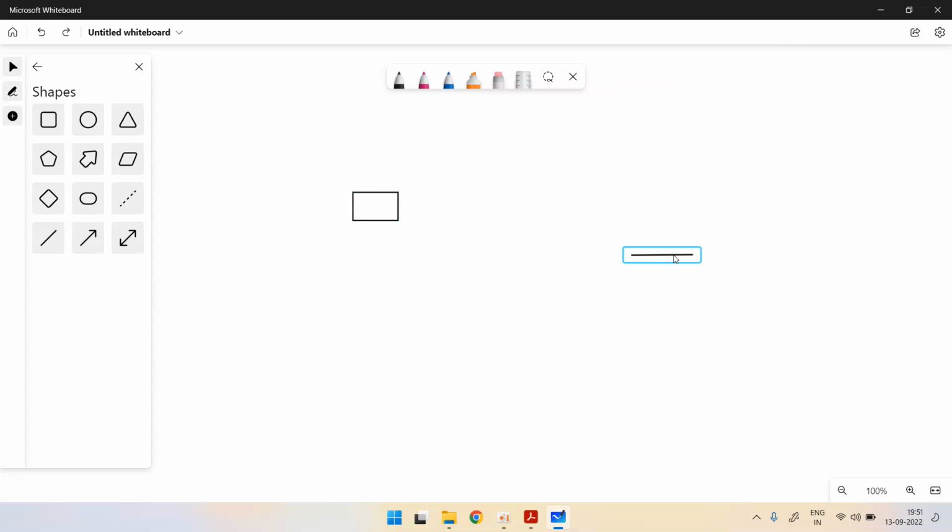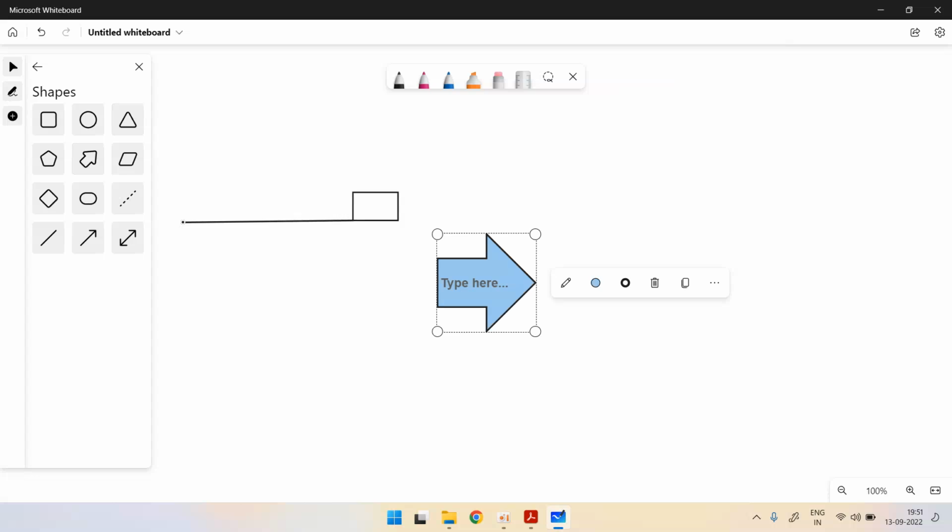So this point P is on the ground. It is given that there is a statue here. So let's suppose this is my statue.